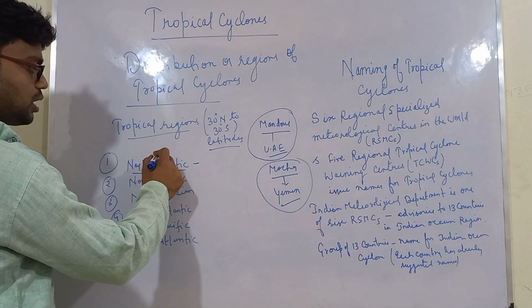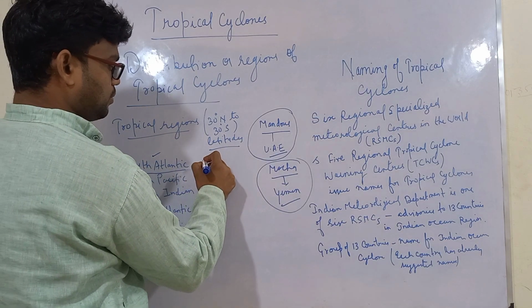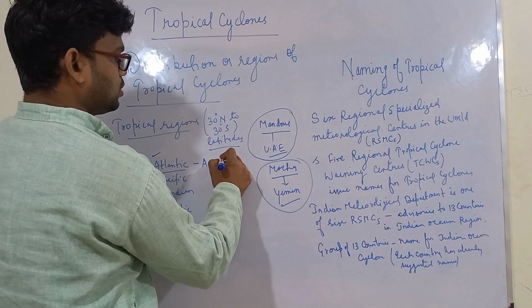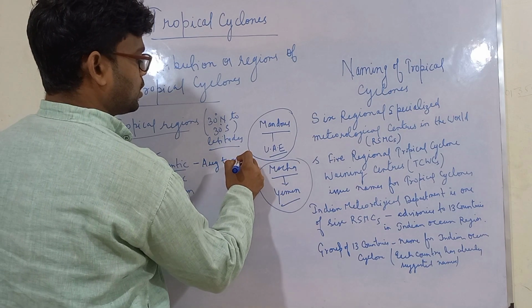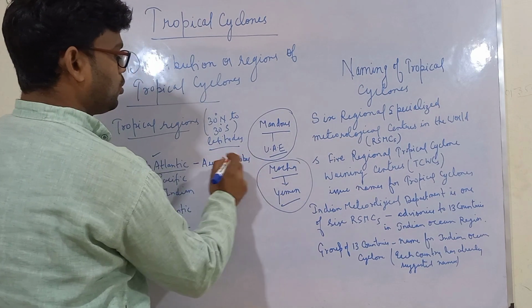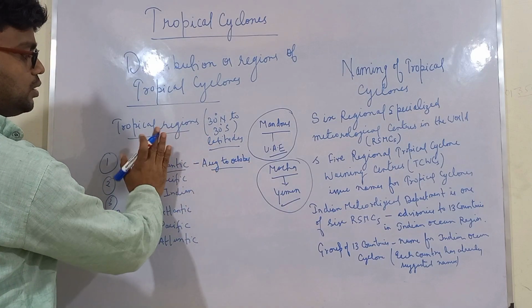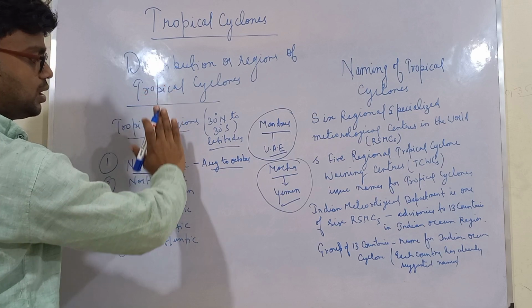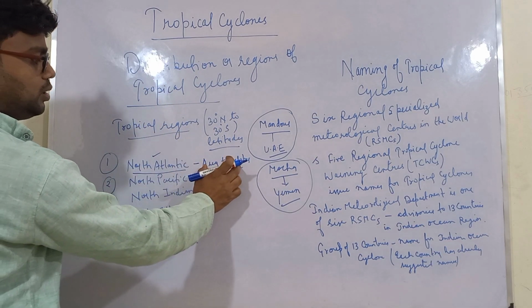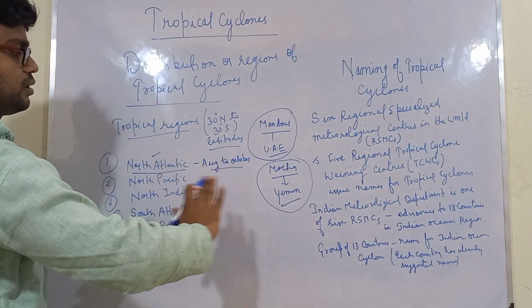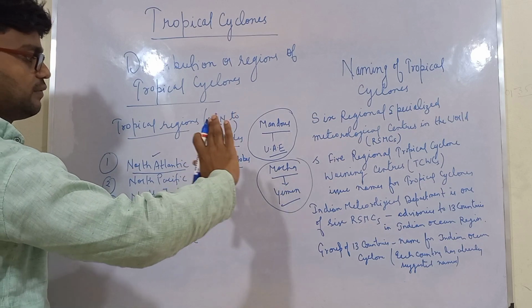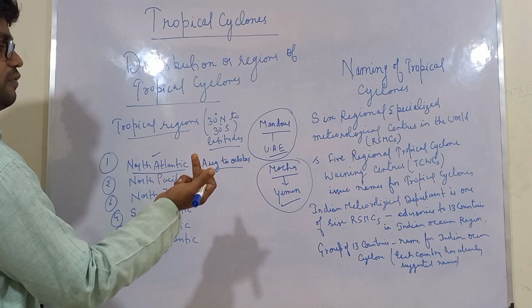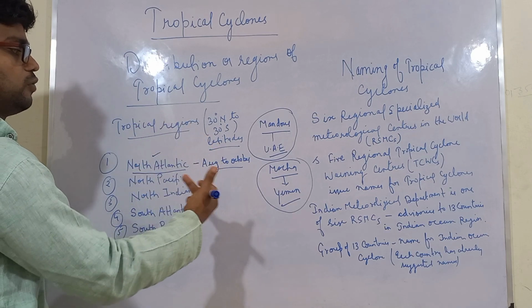So in the North Atlantic, most of the cyclones are formed in the months of August to October, because the sun remains near the Tropic of Cancer in June and July, so during those months the sea surface gets warmed much above 27 degrees centigrade, and that ensures the first condition for tropical cyclones to be formed is met.